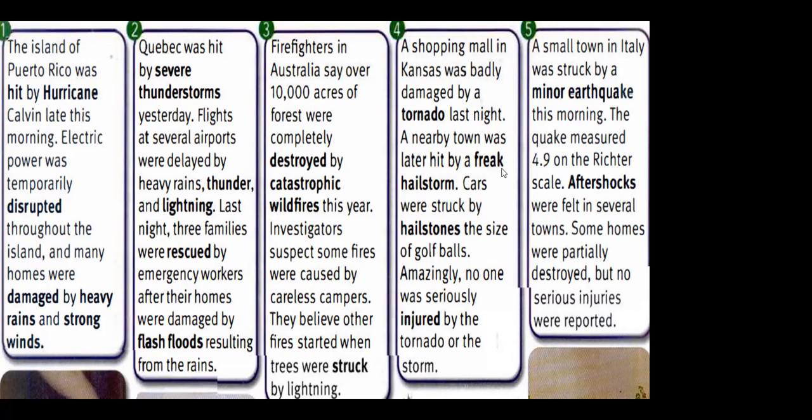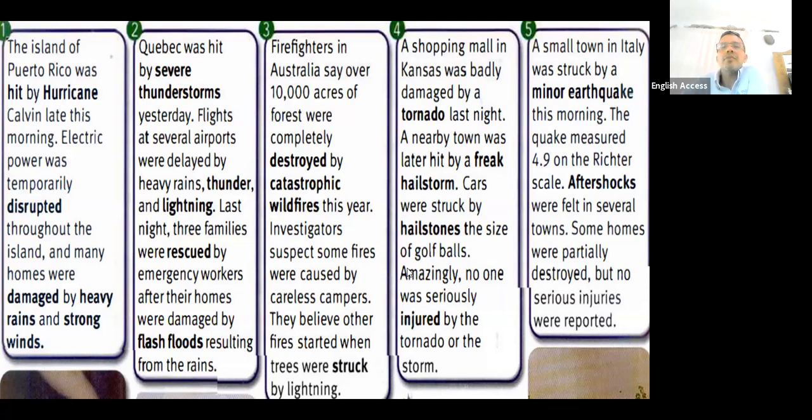And a nearby town was later hit by a freak hailstorm. Cars were struck by hailstones the size of golf balls. Amazingly, no one was seriously injured by the tornado or the storm.